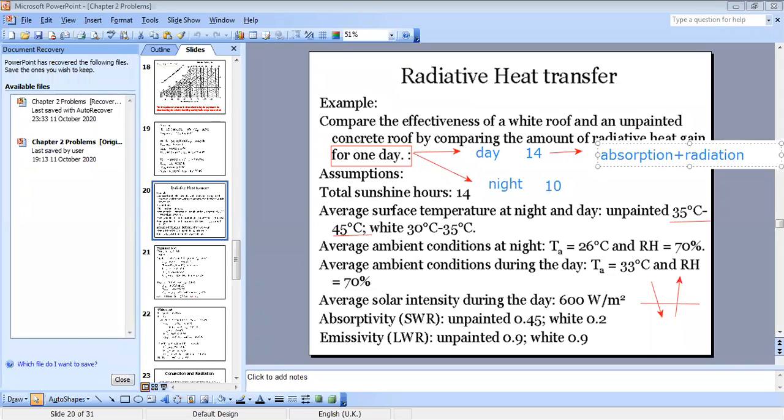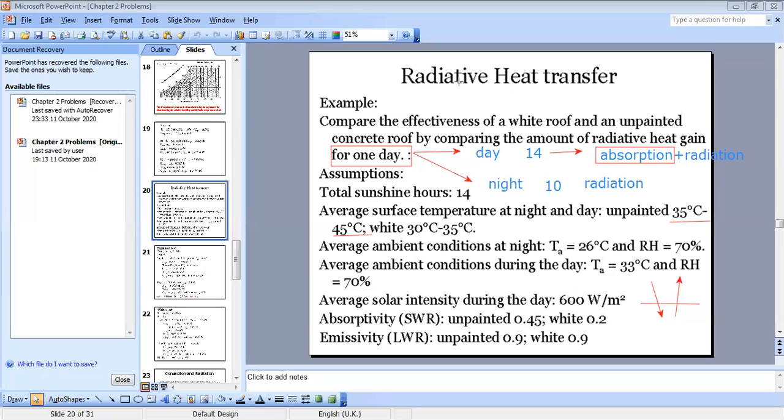While during the night, do you have absorption of solar intensity? No, because you don't have sun. So during the night, you only have radiation. So you have opposing effects. Absorption will lead to heating, while radiation will lead to cooling.